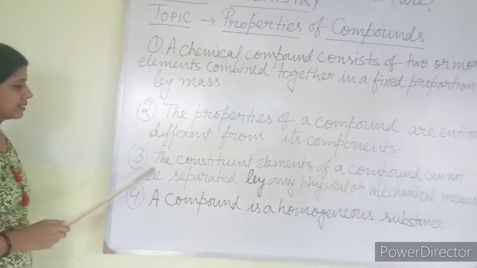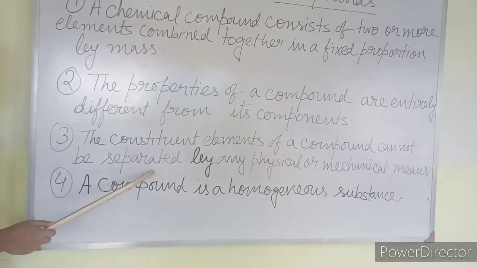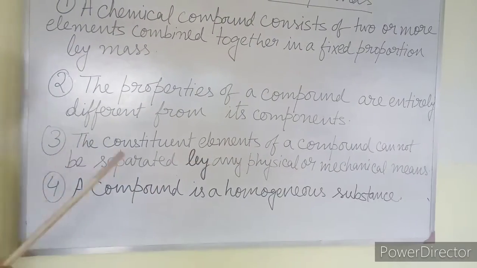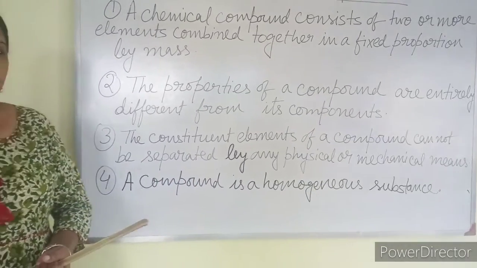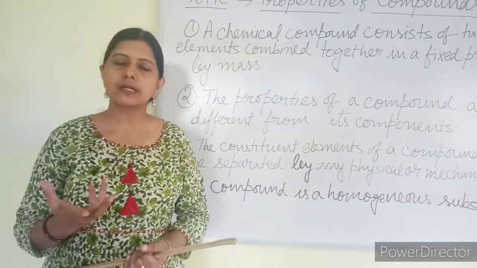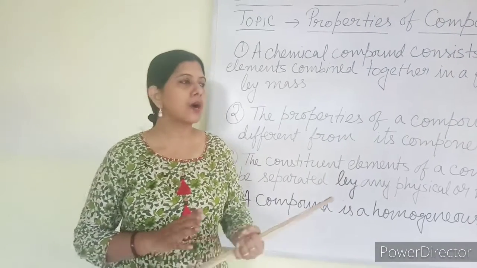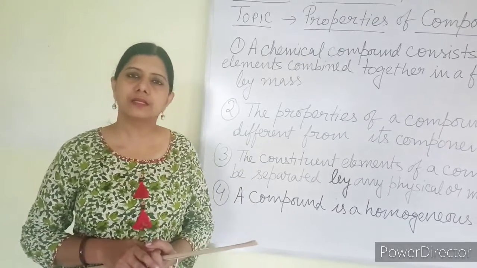Now the third point: the constituent elements of a compound cannot be separated by any physical or mechanical means. That means the compound is made up of certain constituents. You have learned in previous classes how to separate the various substances present in a mixture.